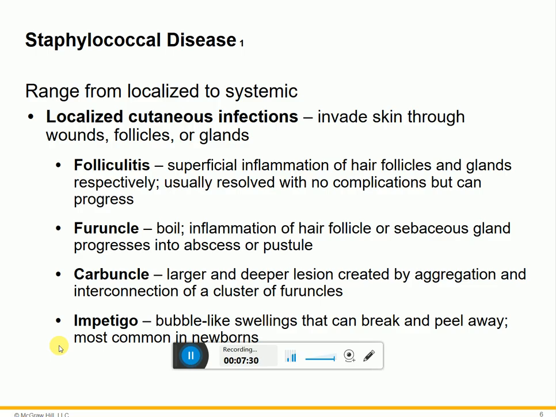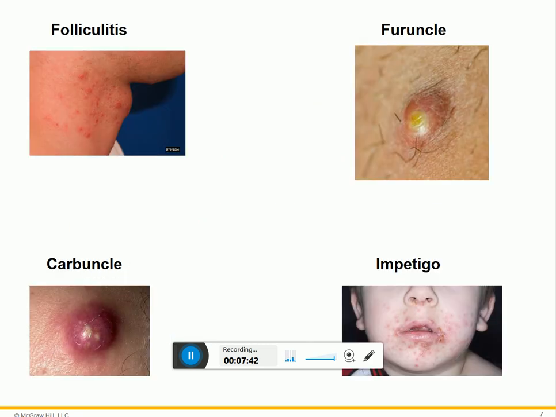Now, what are the diseases that can be caused by staph? It could be localized to the skin, or it could spread beyond the skin. These are examples of localized infections, and I'm going to go to the images to describe them. So this right here is folliculitis.